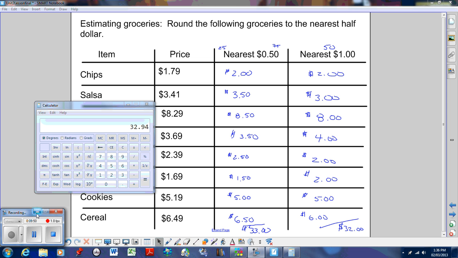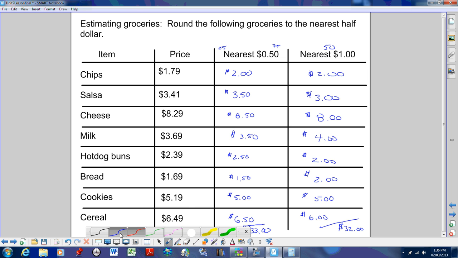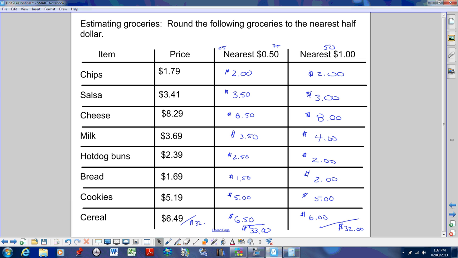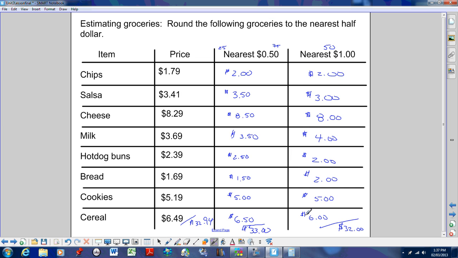So I just rang it up in the calculator, and I found that the exact total was $32.94. So if you look at our approximations, we approximated using the half dollar that it was going to be $33.